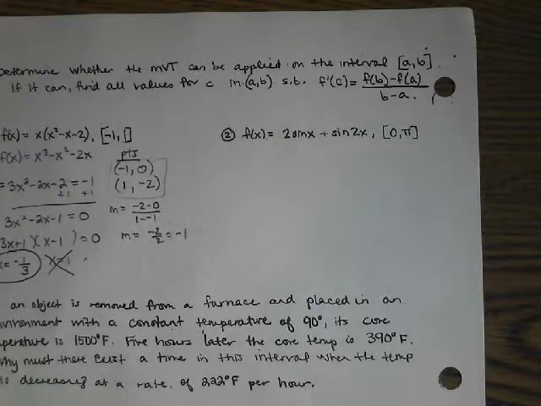And then we check pi too. What's the sine of pi? 0. So it's 2 times 0, 0. Okay. What's the sine of 2 pi? 0.